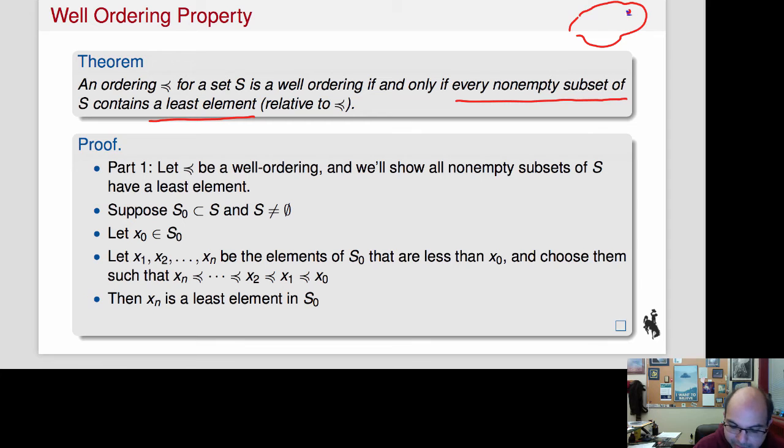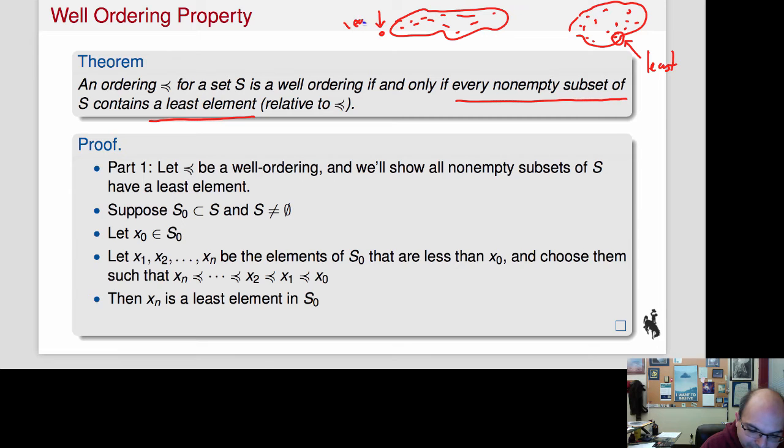It's non-empty, so it's got at least one element, and it has lots of elements, and one of those elements is going to be the least. Here's an example of something that's not well ordered. I have a whole bunch of points here, and here is my least element. That's no good because the least element doesn't belong to the set.